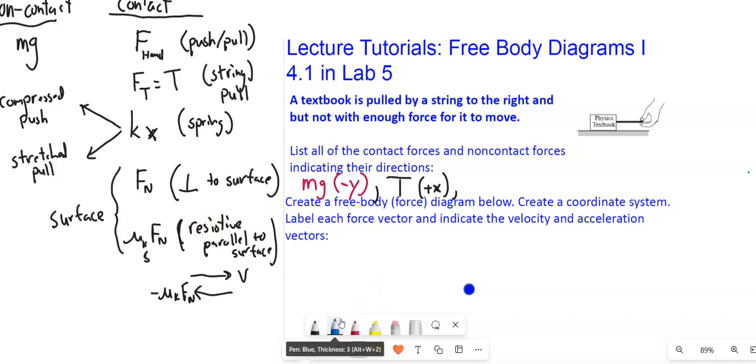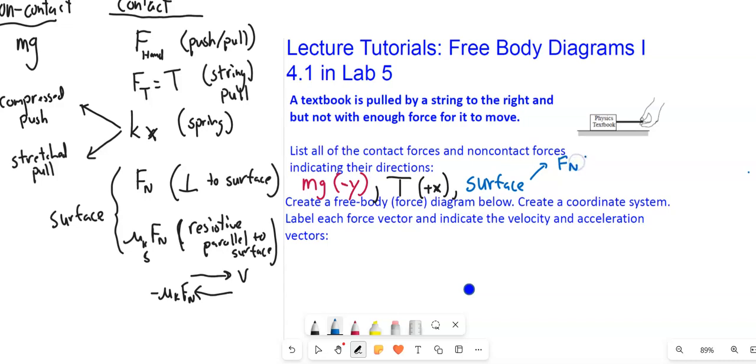Now let's talk about everything else that is physically touching the textbook. With the string out of the way, well, the surface is touching the textbook. So I'm going to list off surface. And the surface, again, has two different forces. It has one that is perpendicular to the surface, holding up the textbook. So that is going to be the normal force.